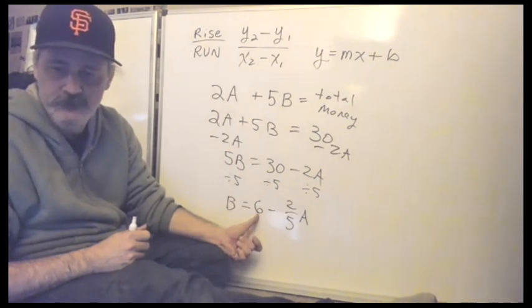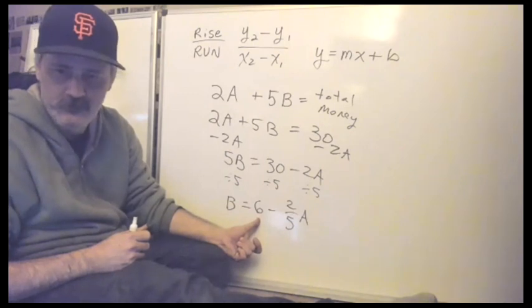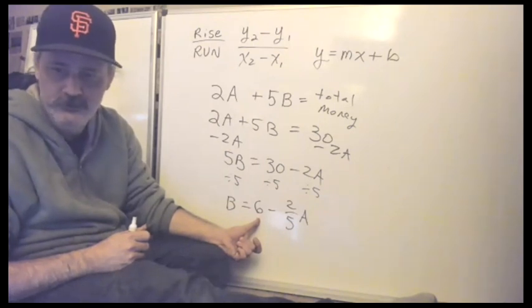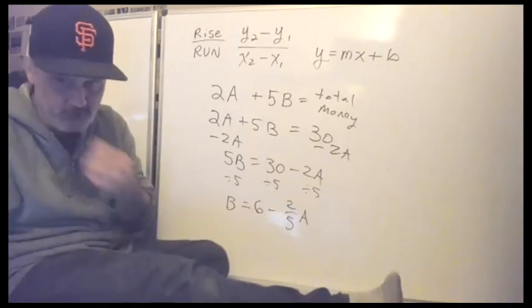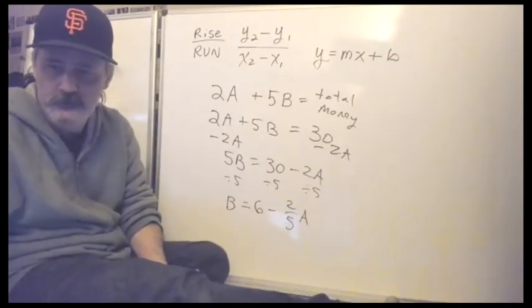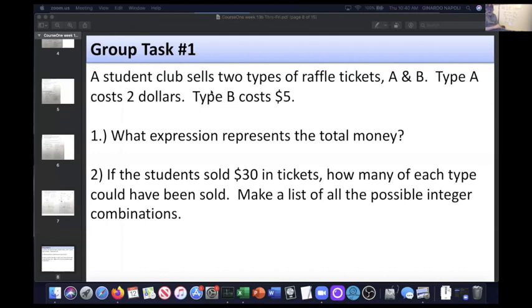If this became a fraction that was not simplifiable, what we're trying to do would be harder. What we want to do is decide what the solutions are. We're talking about A and B, which represent the number of tickets.